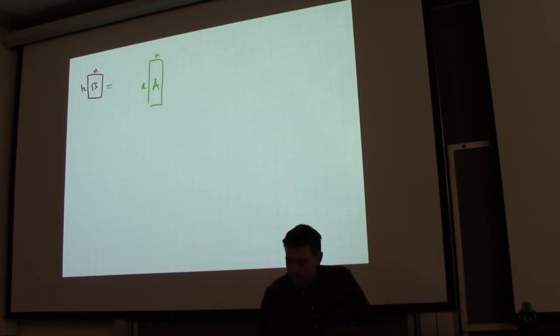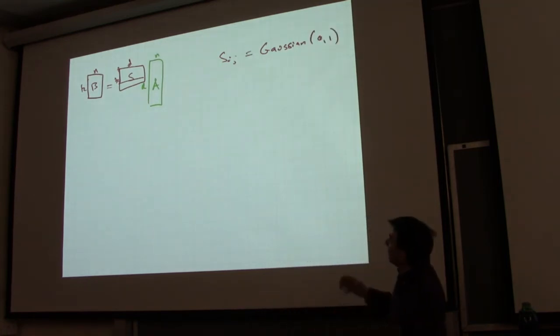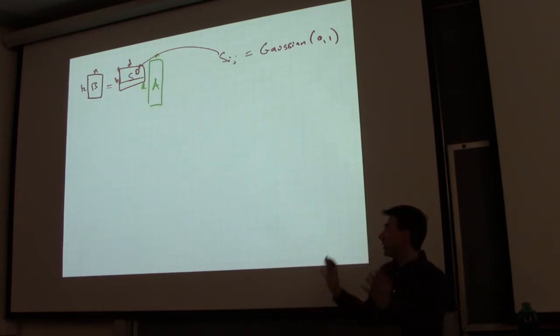Okay, and then I can do this by creating, if I do this right, a K by D matrix S. And each S_ij, if I make this a Gaussian random variable, or just a normal random variable, each element of this matrix, and I do each of these independently, then this works.